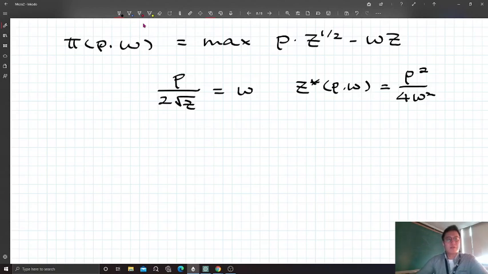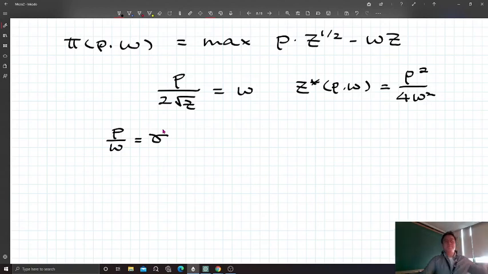Because we know this profit function is homogeneous of degree 1, let me label the relative price. I need another variable, so let me call this sigma.